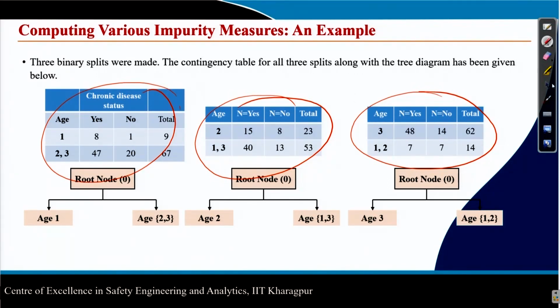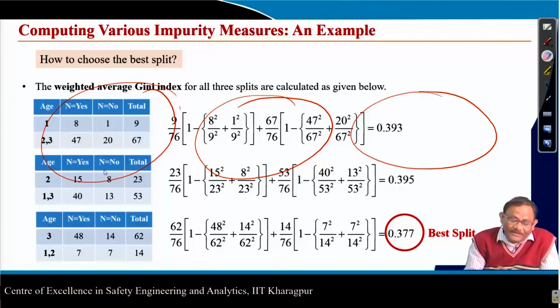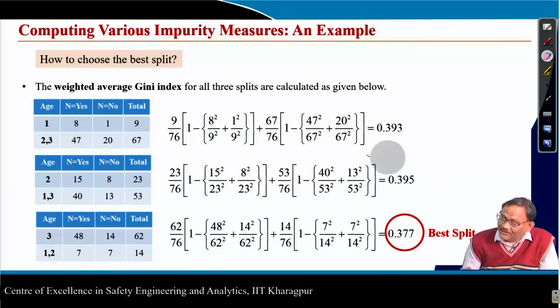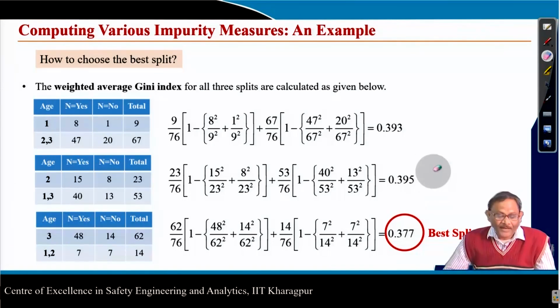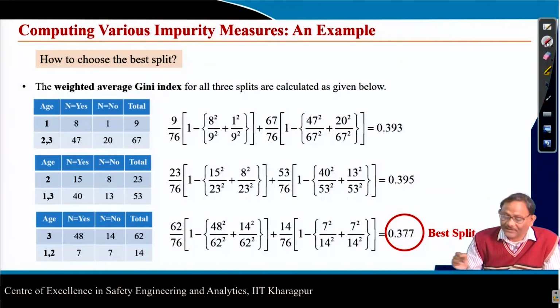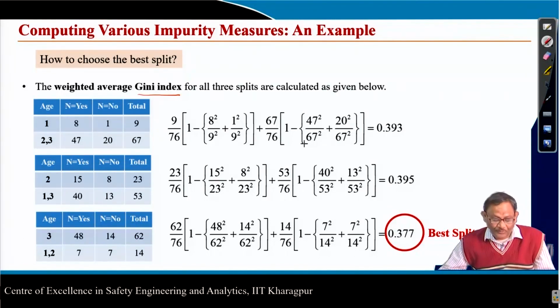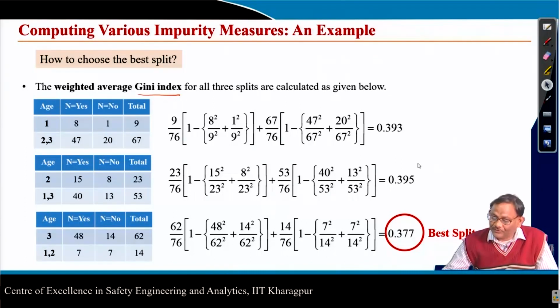So let us see how we are doing this. You are using the same formula, the 3 formulas we have used. I think here we have used the Gini, we are showing the Gini index. Let me go back. Sorry, just a minute.